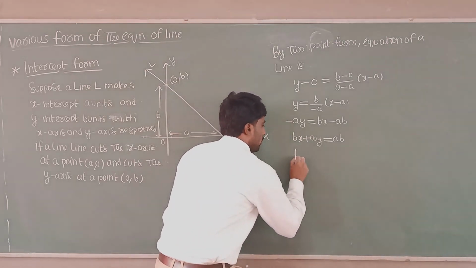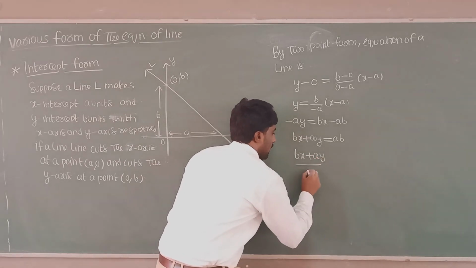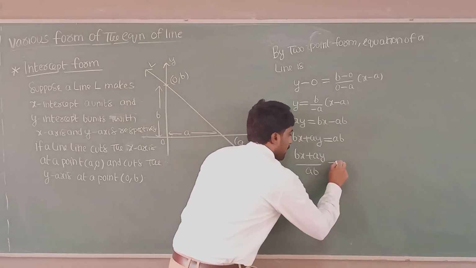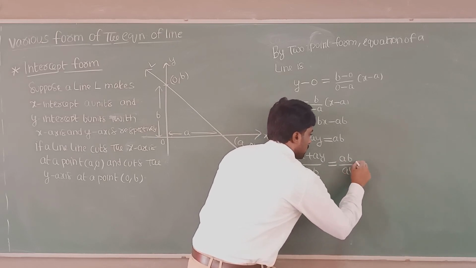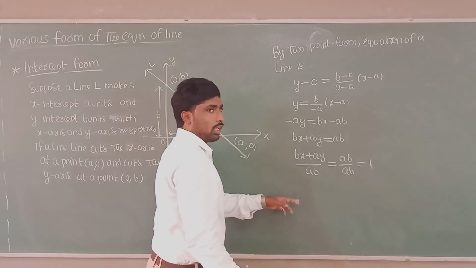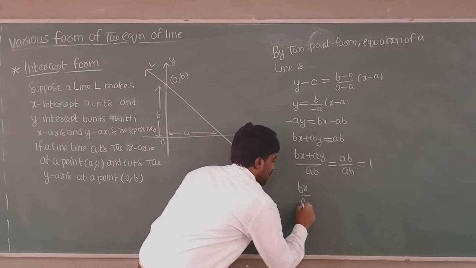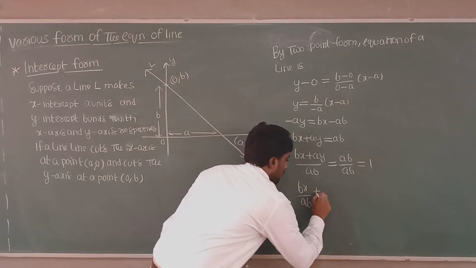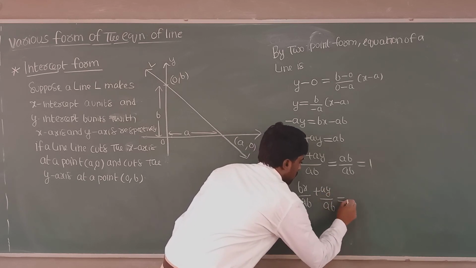So now if I divide both sides with ab, what will I get? bx plus ay by ab, and ab by ab, this value equals 1. So here individually I have to divide. So what will I get here? bx by ab plus ay by ab, which is equal to 1.